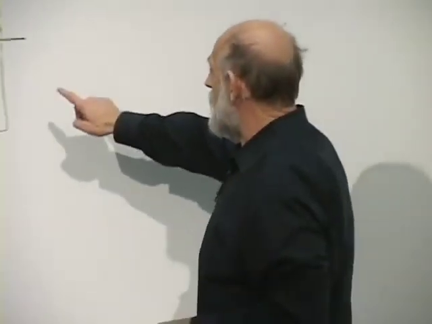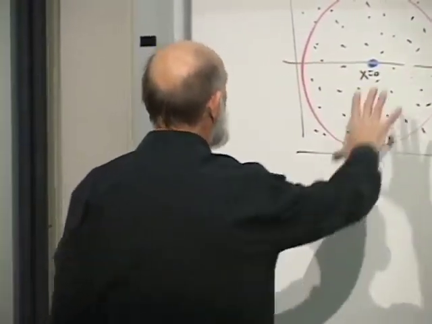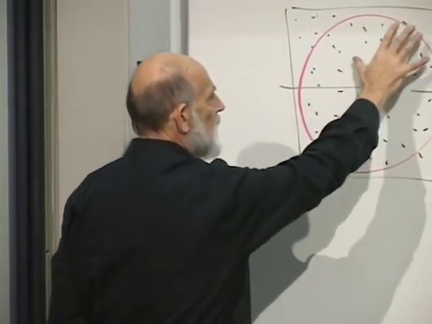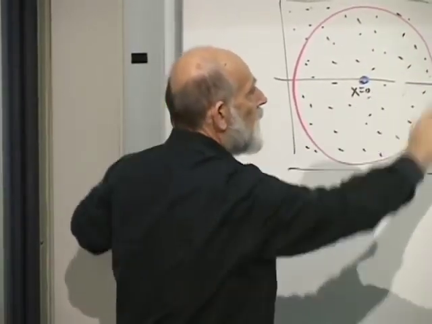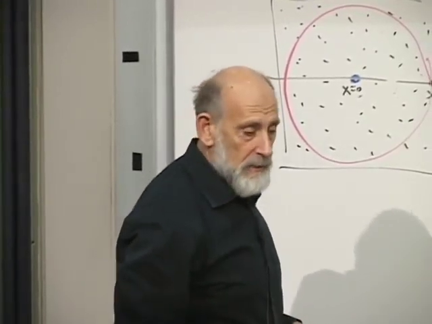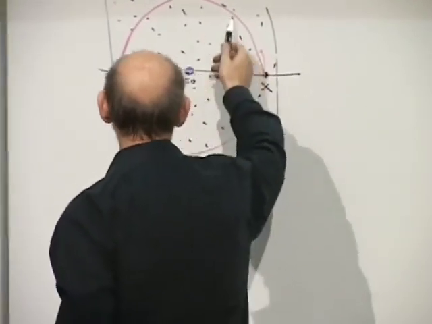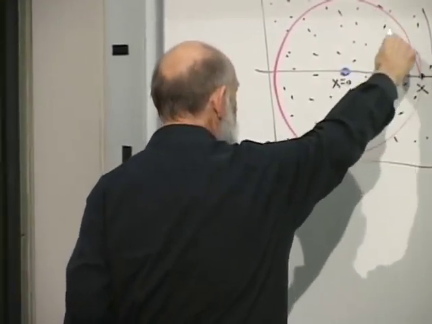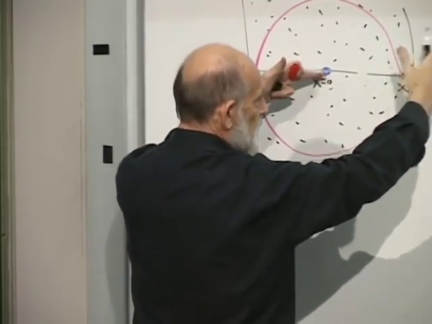In other words, for a galaxy at point x, it behaves exactly as if the entire mass within this sphere were concentrated at the center, and as if there were no other mass on the outside. And notice the sphere grows as x increases.